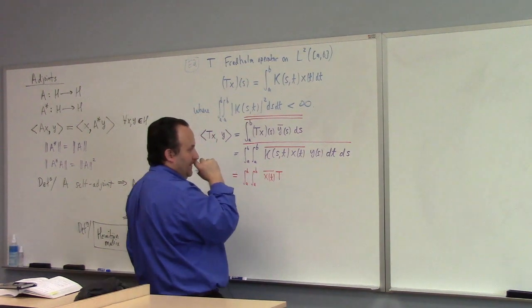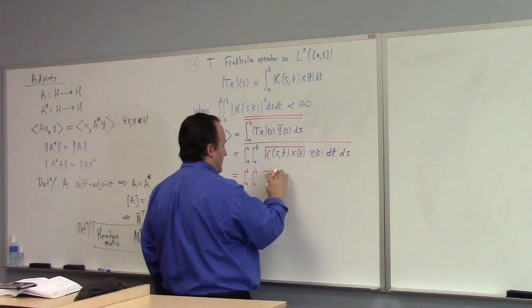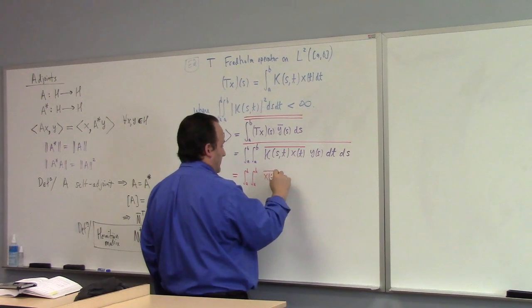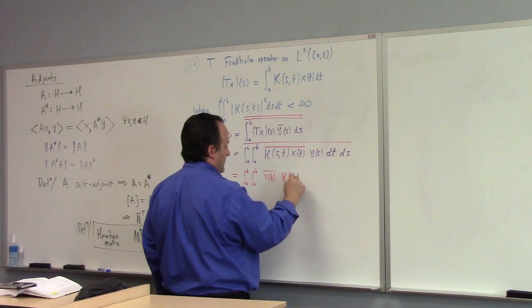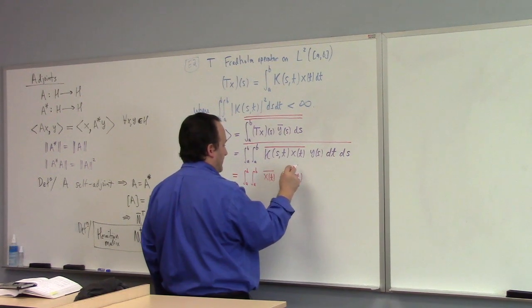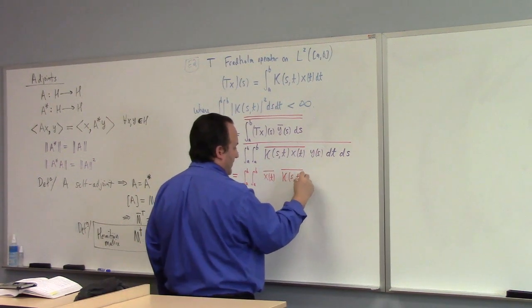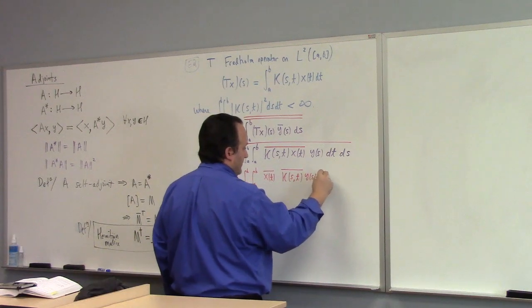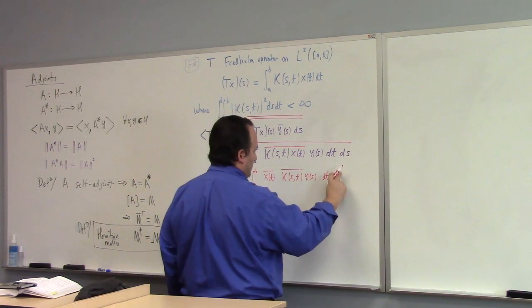And we've got k bar, k of s, t bar. I'm not doing anything yet. y of s, dt ds.